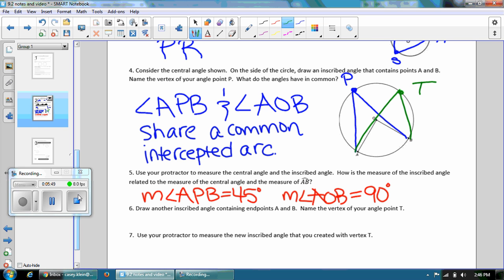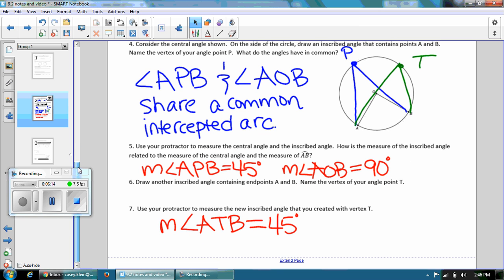Use your protractor to measure the new inscribed angle that you created with vertex T. After using my protractor, I found that the measure of this angle, angle ATB, was equal to 45 degrees. Let's go ahead and go to the next page.